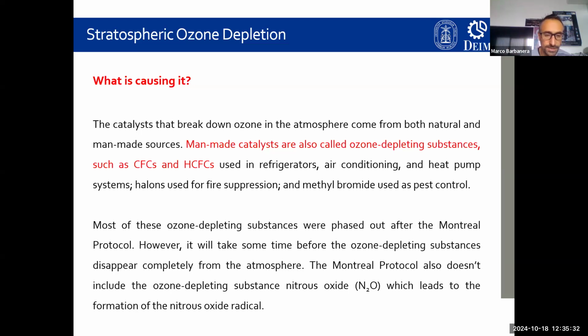Also, another substance that can create an environmental problem in terms of depletion of stratospheric ozone is the emission of dinitrogen monoxide. Dinitrogen monoxide is one of the most typical emissions in the agricultural sector when we apply nitrogen fertilizers on the field.